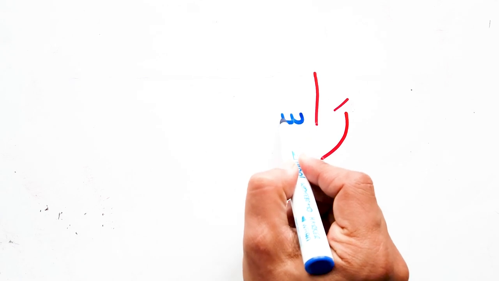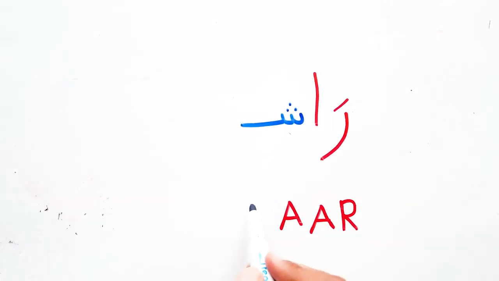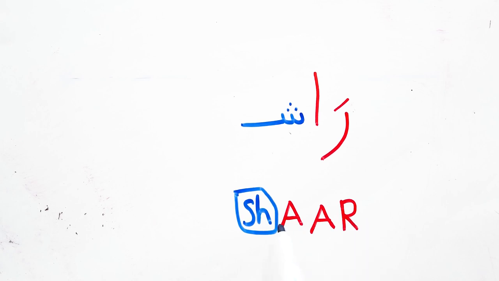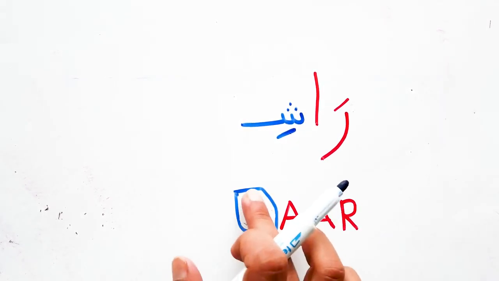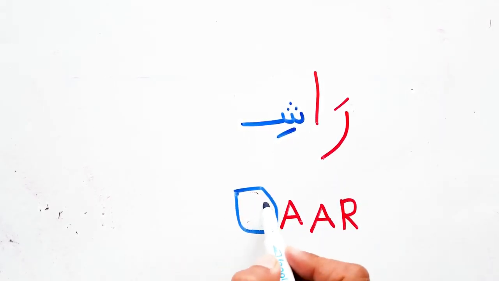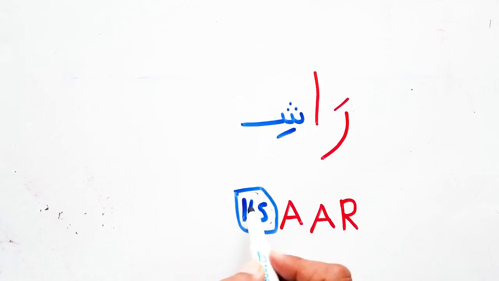The sound of SH. So we have this letter. It sounds like SH. Rush, rush. Let's add it together here. Rushi. Let's invert it. I'm sorry. So I'm gonna add the S here and then the H here.